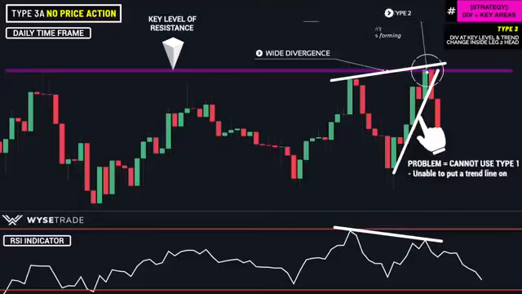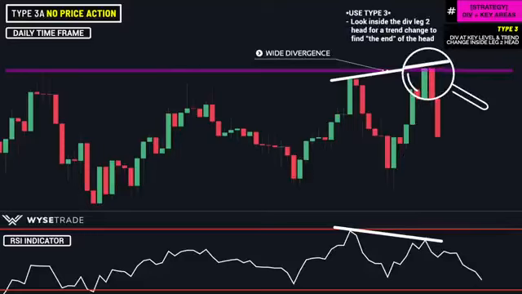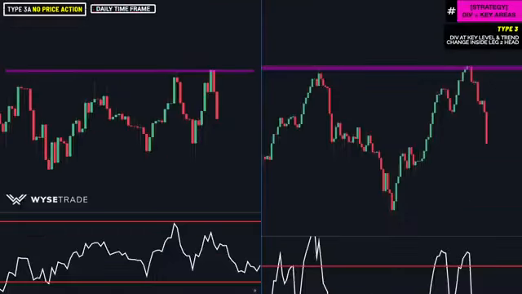Great level, no entry. So to get around this, you used type 3, which is to look inside of the divergence leg 2 head right here and see if we could find price action that showed a trend change so that you can find the end of the second head. So let's bring up the 4-hour time frame. So again, on the left was the daily time frame we just looked at, and on the right is the 4-hour time frame.